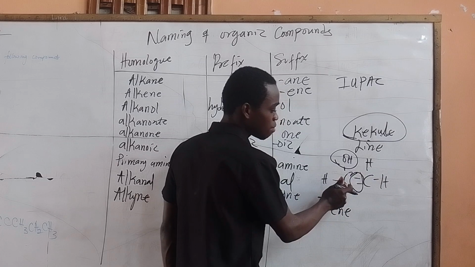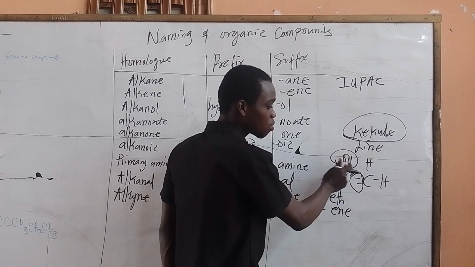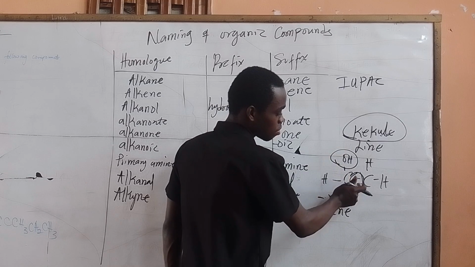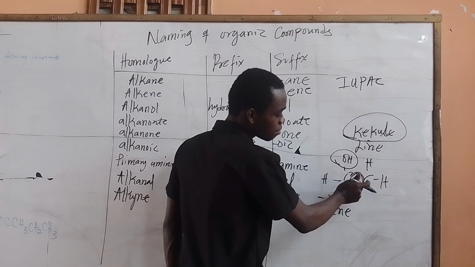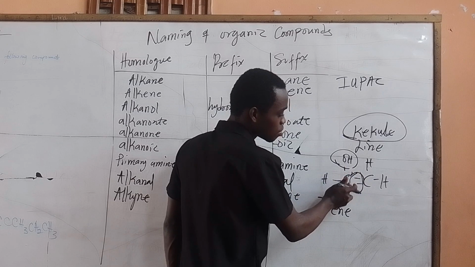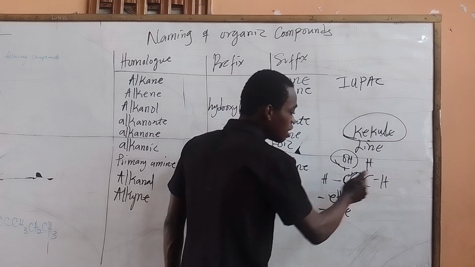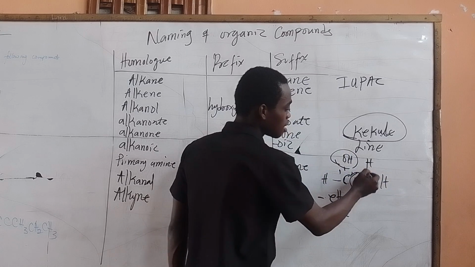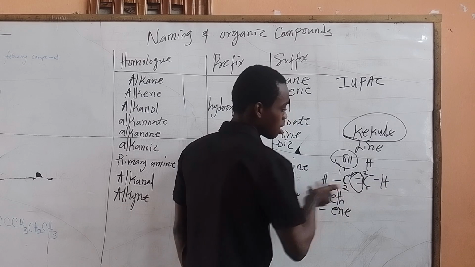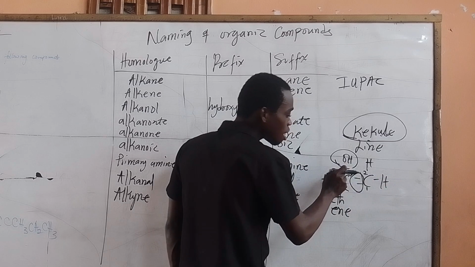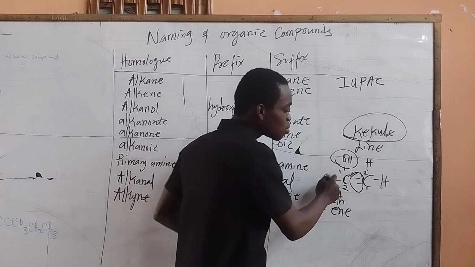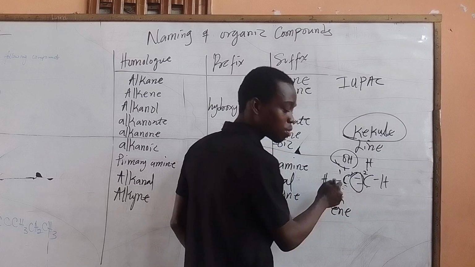So I'll choose this to be my first carbon because it also contains a functional group. If I name it from end to end, this is 1 and this is 2. I can name from anywhere, but since this carbon is containing a functional group, hydroxyl, this becomes my first carbon.